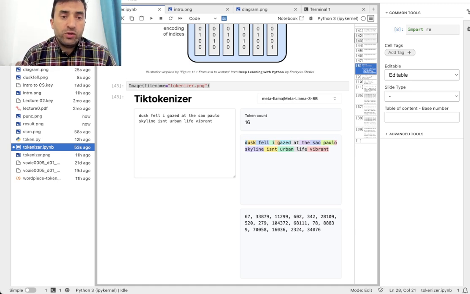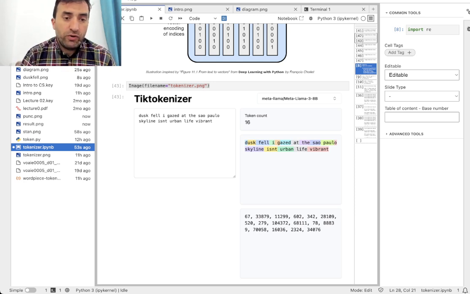What is tokenization? Tokenization is the act of breaking text into smaller pieces called tokens, the atomic building blocks of language for a model. Depending on the method, a token could be a word, a subword, part of a word, or even a single character.